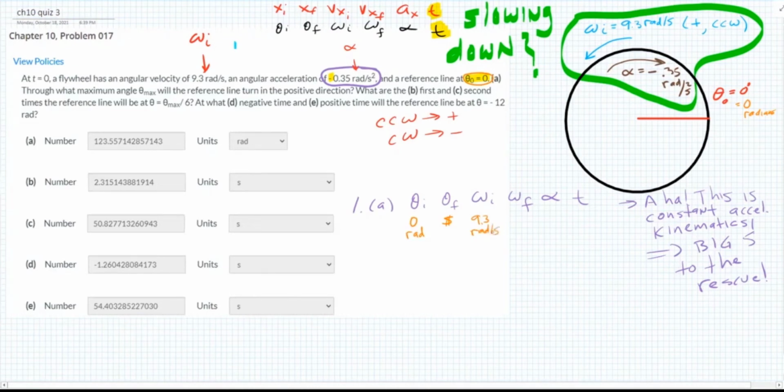Omega final, well, if it slows to a stop, when it attains its maximum angular displacement, theta max, at that moment the angular velocity, omega, is momentarily equal to 0 radians per second. And alpha was given to us as negative 0.35 radians per second squared.